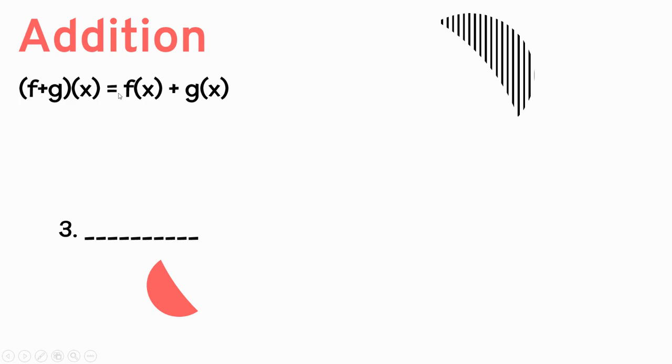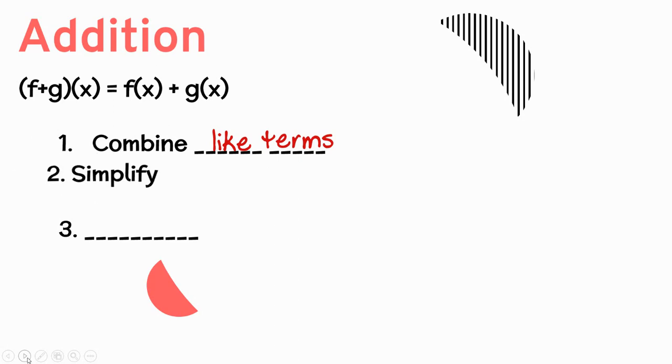And this just equals f of x plus g of x. So it's just denoting that we're going to be adding our 2 functions. So here's what we're going to be doing. Number 1, we're going to combine like terms, and we're going to simplify, and we're going to evaluate if we need to. So let's look at some examples.